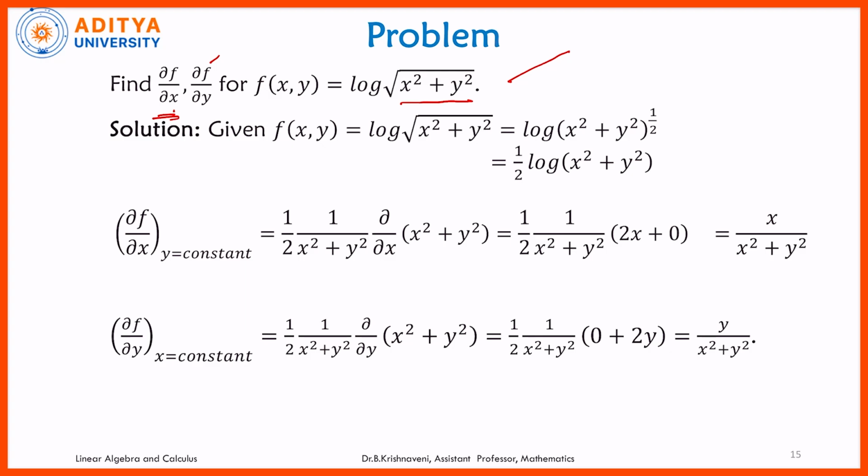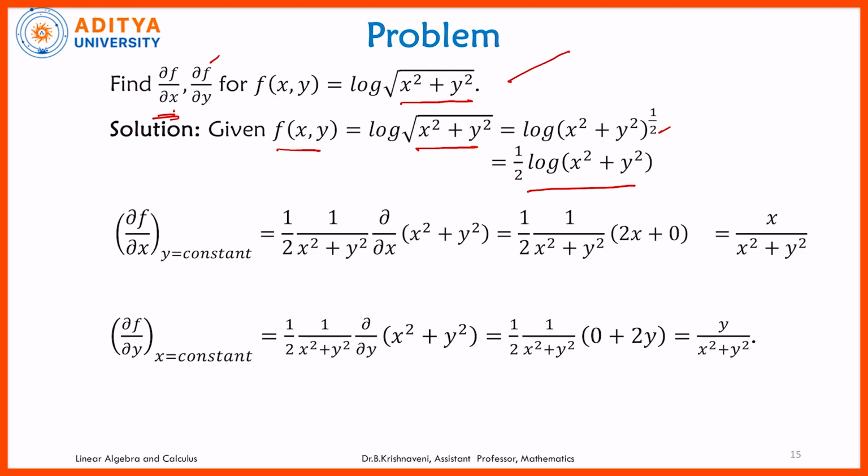Now, the function f of x, y is log of root of x square plus y square, which can be written as log of x square plus y square to the power 1 by 2. This further can be written as 1 by 2 log of x square plus y square.